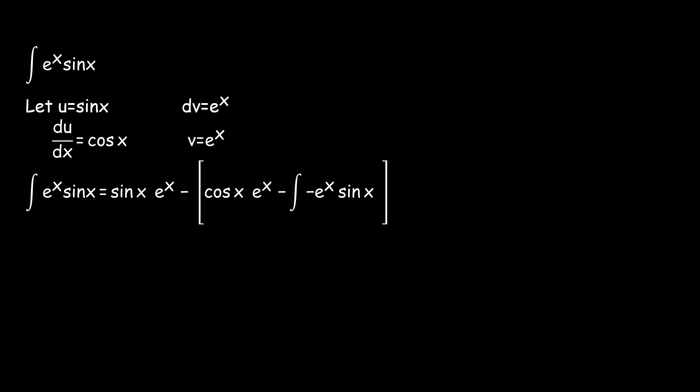We would have sine x e to the power x minus cos x e to the power x minus the integral of e to the power x sine x, right? That will turn into positive. Okay, expand the brackets. We would see that there are 3 negative signs in front of the integral.